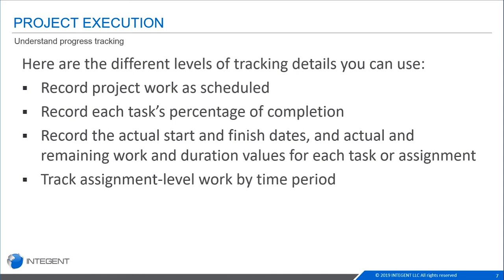We looked at recording your project work through the current date where everything is going as planned. We talked about the different predefined increments of percentage complete that you can put in your project for your tasks. Then we also looked at adding in that percent complete and percent work complete columns and recording the actual information for each of your tasks. It is definitely the most time consuming, but it will get you the most detailed information out of your plan.